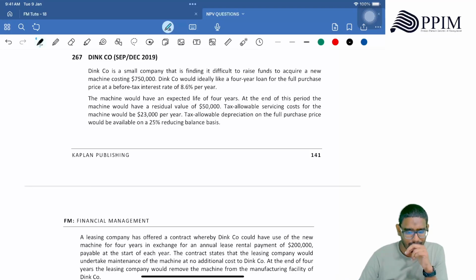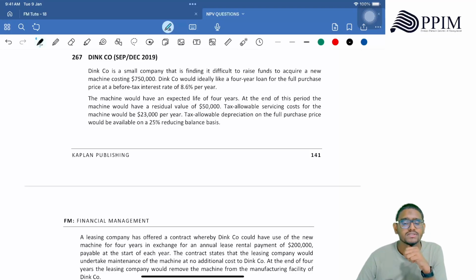It says DINK is a small company that is finding it difficult to raise funds to acquire a new machine costing 750,000. DINK would ideally like a 4-year loan for the full purchase price at a before tax interest rate of 8.6% per year.